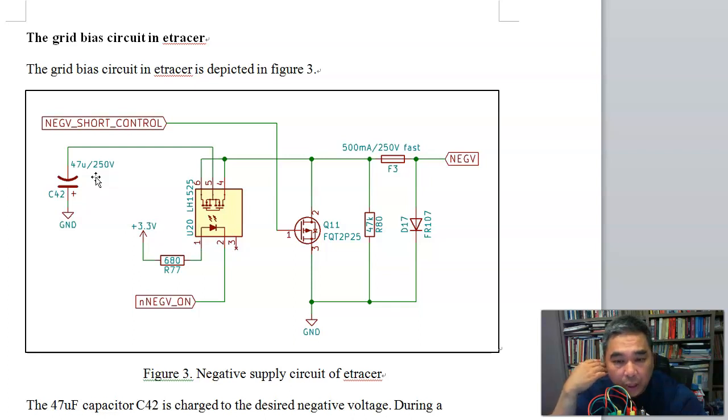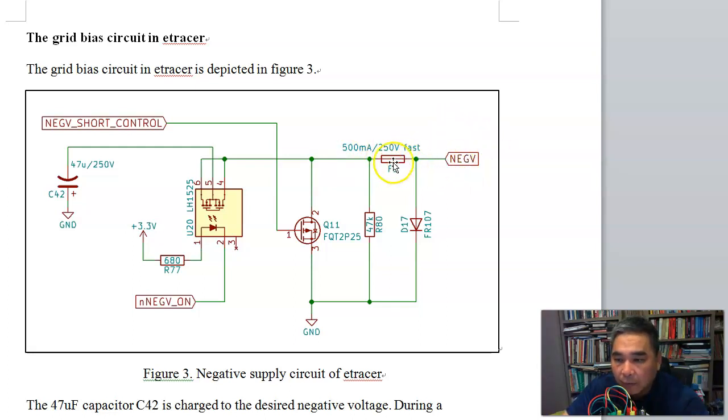During the charge phase, C42 is charged to the target negative voltage, and during a measuring pulse, this control signal will turn the solid state relay U20 on, so it shorts the path here. So the negative voltage on C42 will appear at the neg V output.